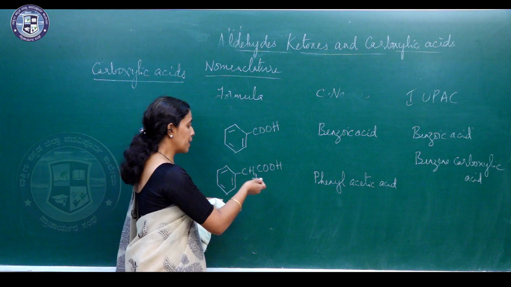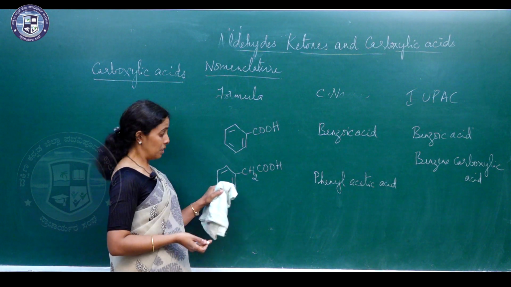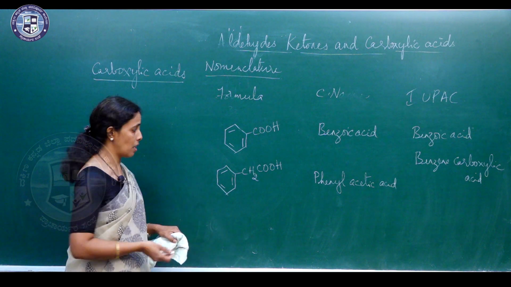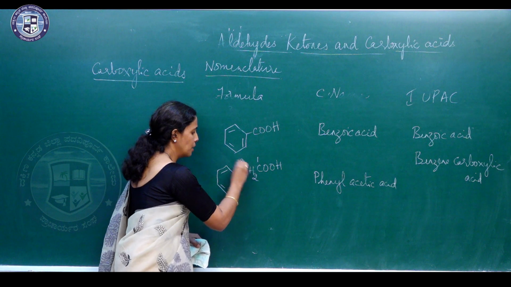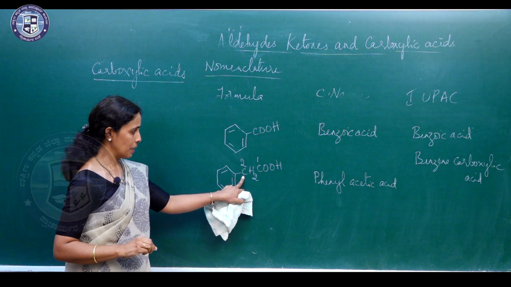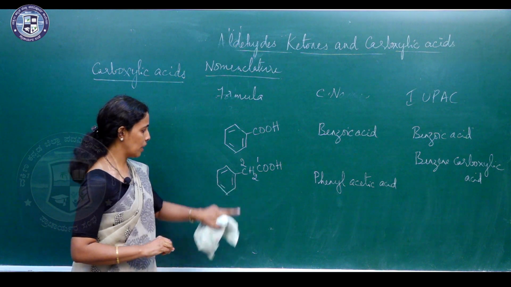Then, while giving the IUPAC name, as we have considered this to be the derivative of acetic acid, you give number 1 to this carbon and number 2 to this carbon atom. Now, the phenyl group is attached to the second carbon atom.